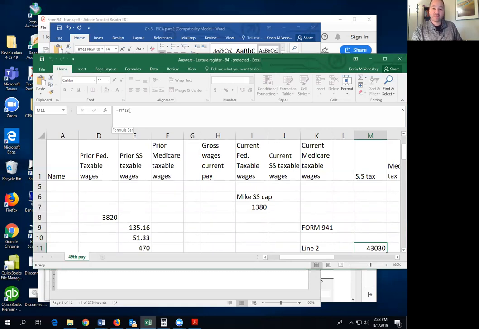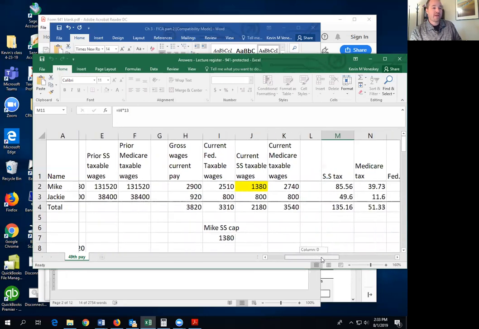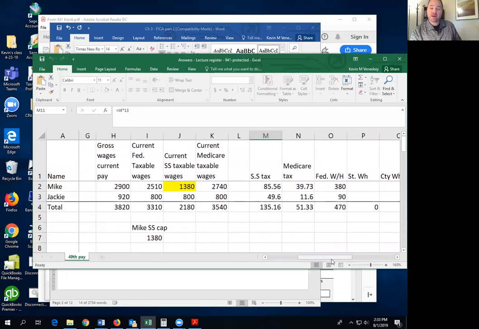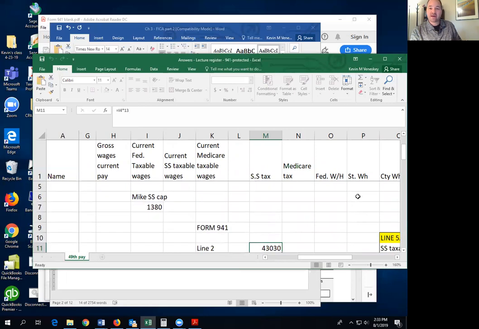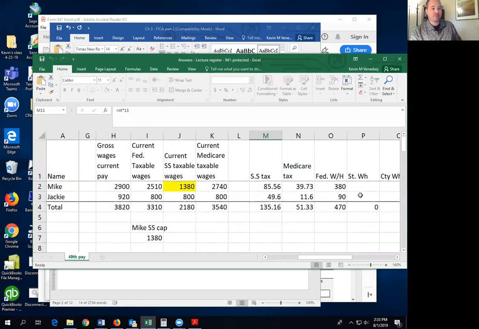And that's how I can get line 2. It's pretty simple. And I can do that because there are no caps to the federal income tax withholdings. And if there are no caps and you're taxed the same amount every single week, as long as you make the same amount and you work the same hours, you can easily do that. And I have that assumed for our easy problems.